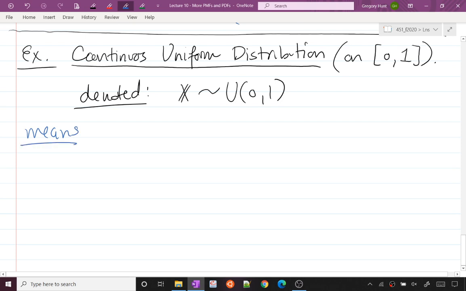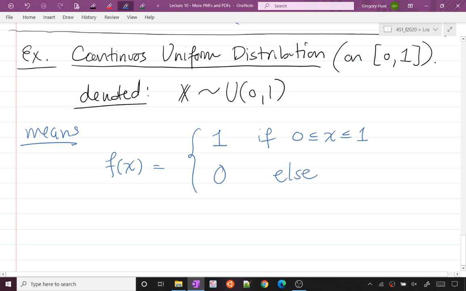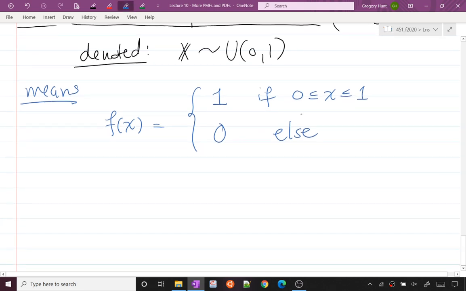This means that the PDF f of x has the following form: it's 1 if little x is between 0 and 1, and 0 otherwise. Typically we don't write it case-wise. Often people just write it is equal to 1 for 0 less than x less than 1, and it's implied that it is 0 everywhere else.